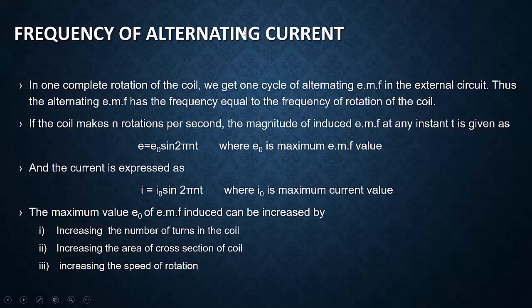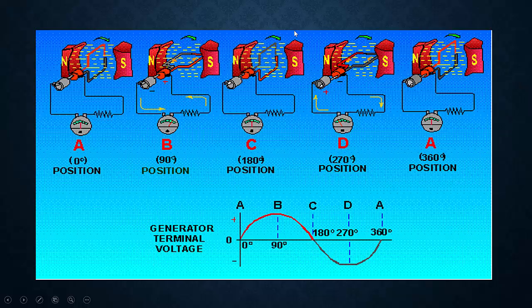Alternating current is one whose polarity changes while the magnitude remains the same. Suppose the magnitude is plus 5 volts here, and here also minus 5 volts. 5 is the magnitude, which remains the same, but the polarity here was positive and in the second half of the rotation it was negative. So alternating current is one whose magnitude remains the same, but the polarity varies.